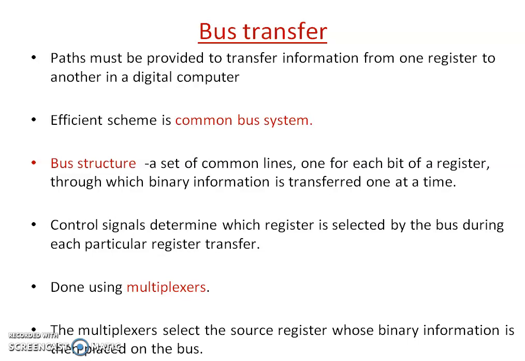And again, these operations will be performed only if the control function is satisfied. So based on the control function, the operations that are performed together help in the operation of any digital system.